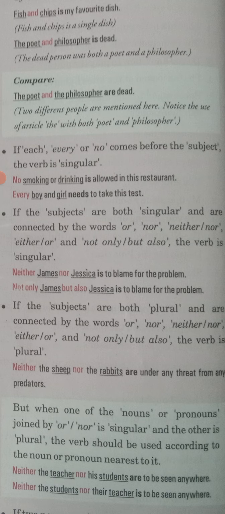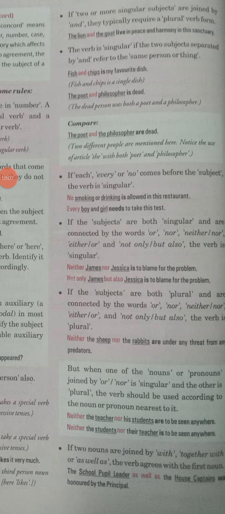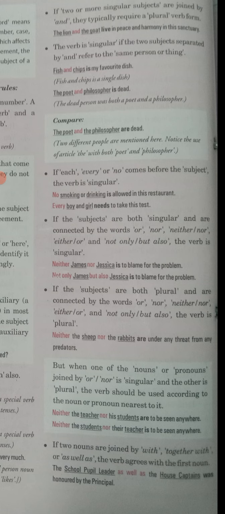Like the example, neither James nor Jessica is blamed for the problem. So neither is used, nor is used, and the verb we have used with it is a singular verb. So these are the things which you have to notice or learn.